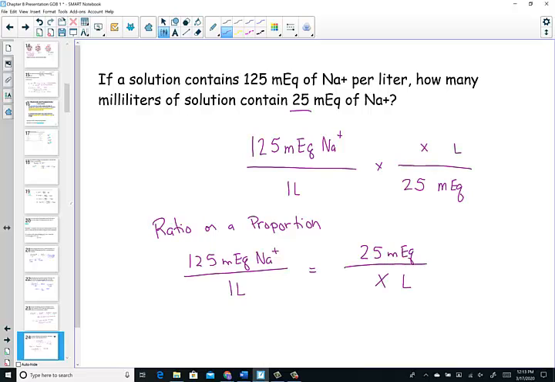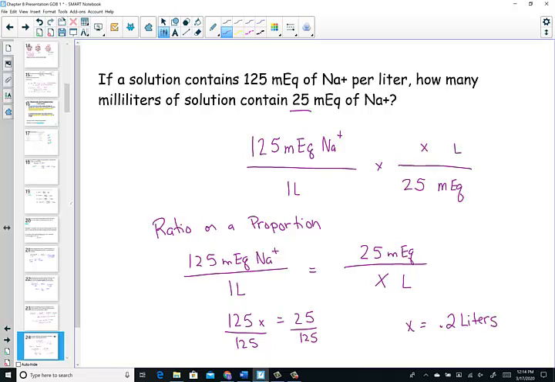It's kind of the same scenario of how we'll solve, right? So when I think about solving, 125x equals 25. So what we're trying to do is pull out the volume. Divide both sides by 125, and x will come out to be 25 divided by 125. And I get 0.2 liters.